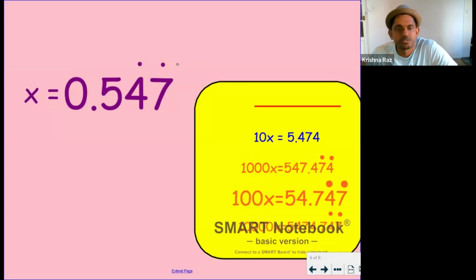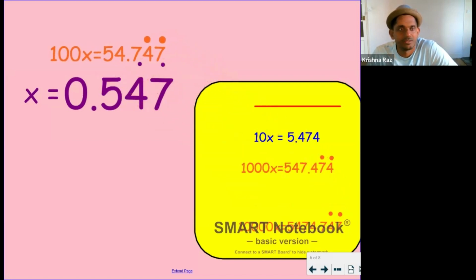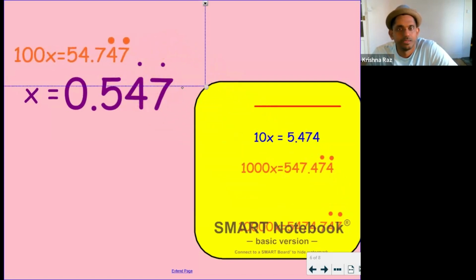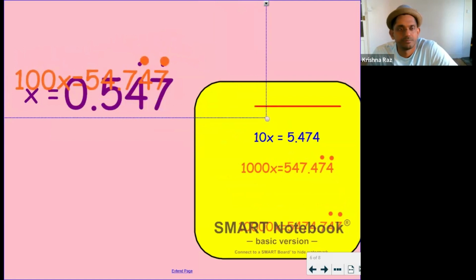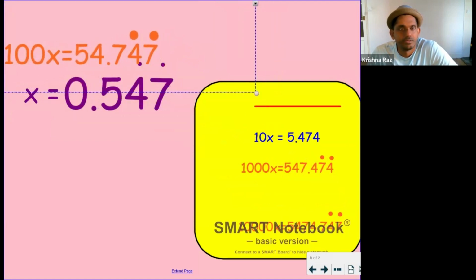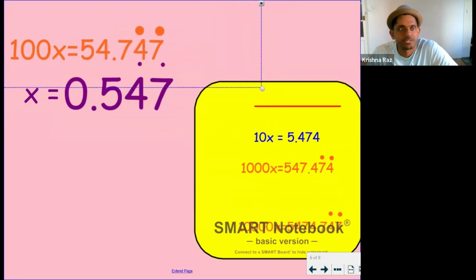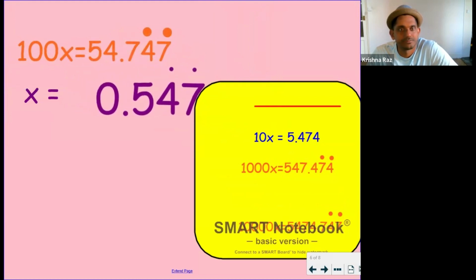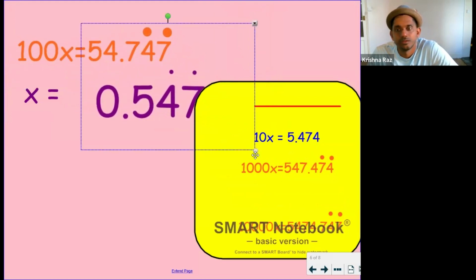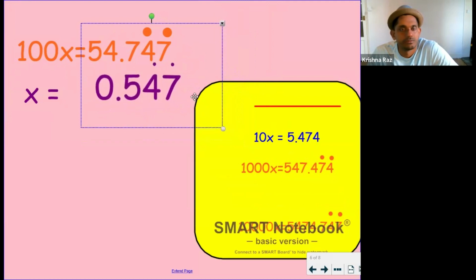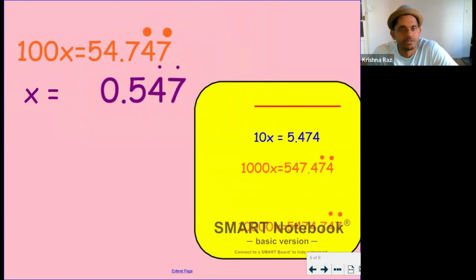We have 2 dots, so what we're going to times x by? Exactly, 100. Make that one a bit bigger so it lines up. We've got 100x equals this. There you go. That's lined up better.